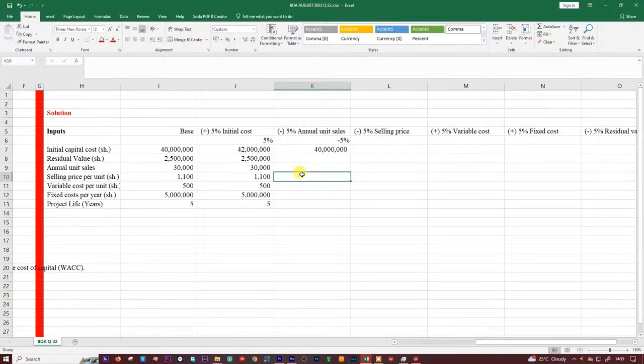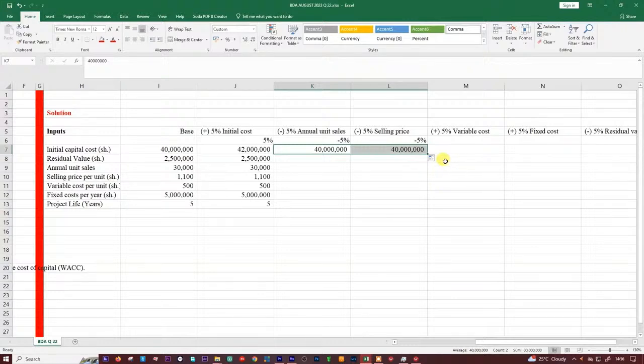And with 40 million, we can move ahead and say that the selling price and the variable cost are also going to decrease over here. So we put negative 5% in terms of selling price. It remains the same over here, I'll explain that.